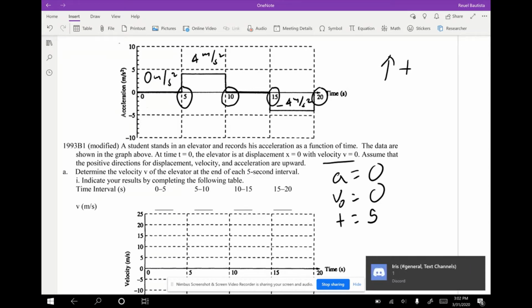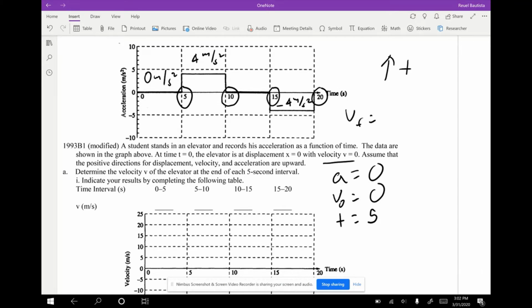So now let's look at 5 to 10 seconds. This is going to be a little bit different because now there is an acceleration. We know the acceleration is positive 4 meters per second squared. I know the time will still be 5 because from 5 to 10 seconds is 5 seconds.